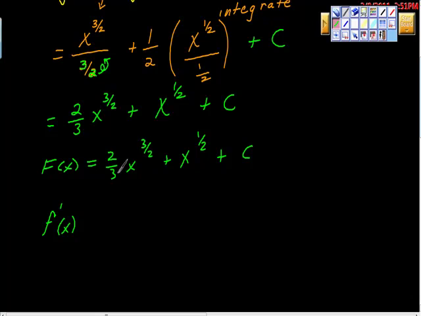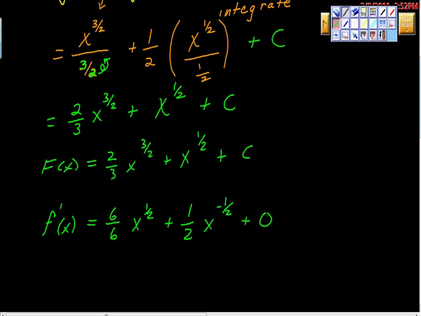Well, ddx of this is 3 times this is 6 over 6, isn't it? Wow, 6 over 6. x to the 1/2 plus 1/2 x to the negative 1/2 plus 0, because ddx of a constant is 0.